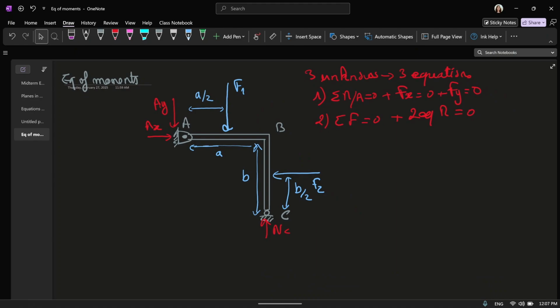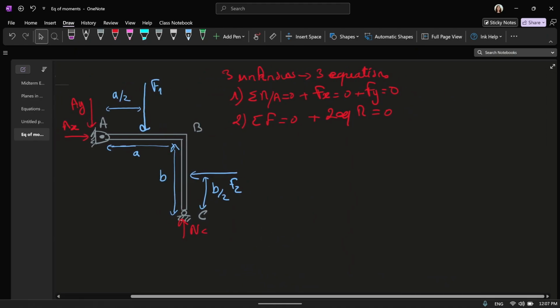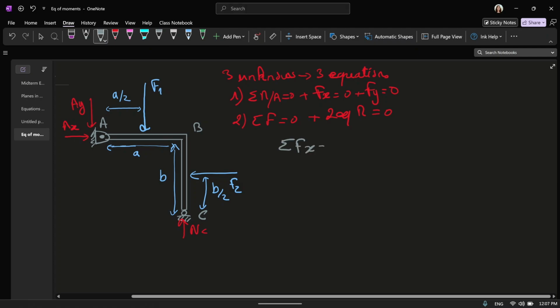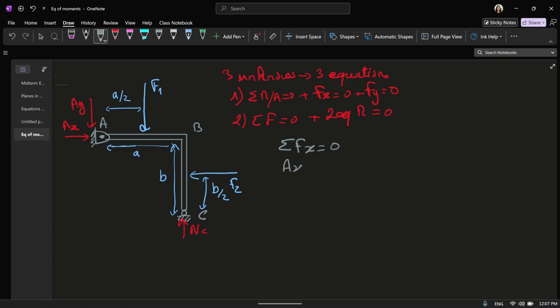So let's see what happens when we do our equations of moment. I will write five equations and I will show you the combination of those. I will do the equations of force first. If we do the sum of the forces on x equals 0, what do we have? We have AX minus F2 equals 0.